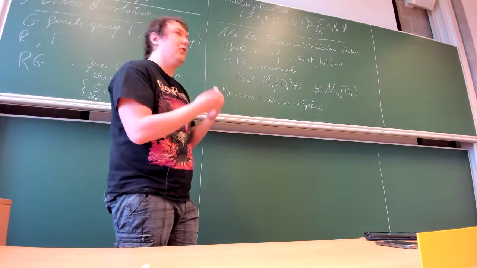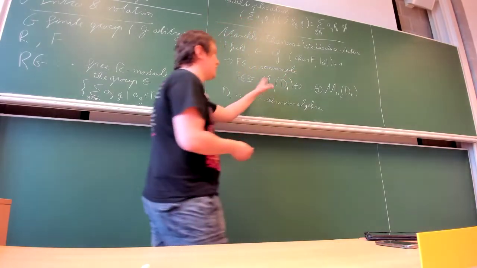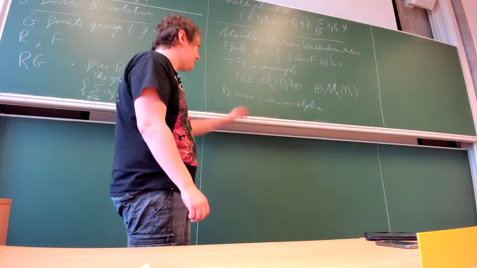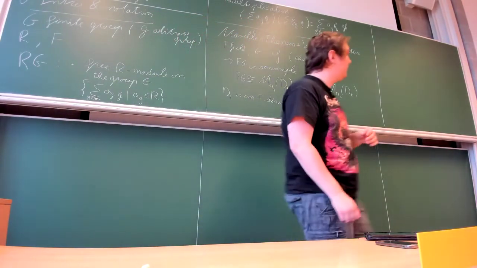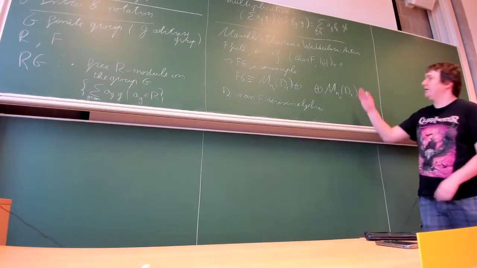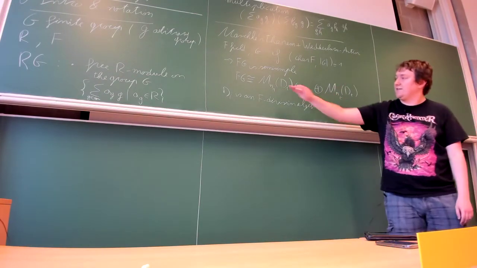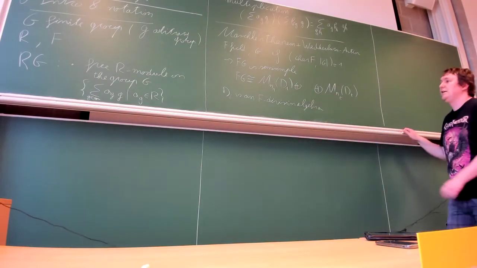But of course, there's a bit more, right? It's not just arbitrary fields here. Each of these we call simple components, so each of those summands is in itself a simple algebra.